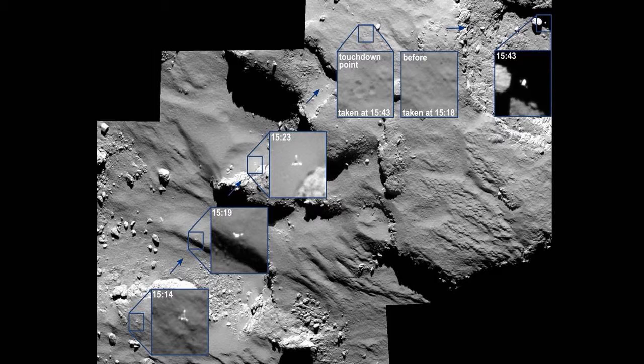Unfortunately, we could also see that the lander did not stay at its touchdown point, and we could actually see that it bounced off the comet and was flying in another direction again for another landing on the comet.